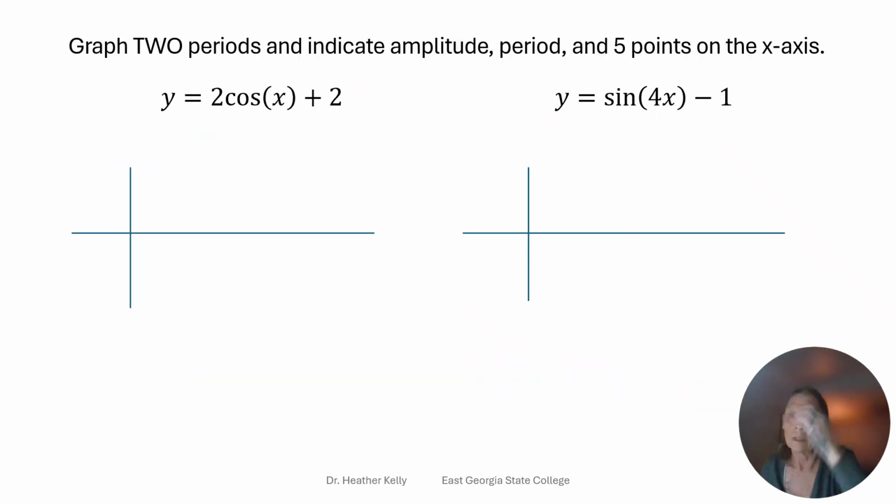Okay, so let's graph 2 periods here with this vertical shift. A couple things I want to point out: it's not going to change the shape of the graph. And I wish I had not drawn this middle line.